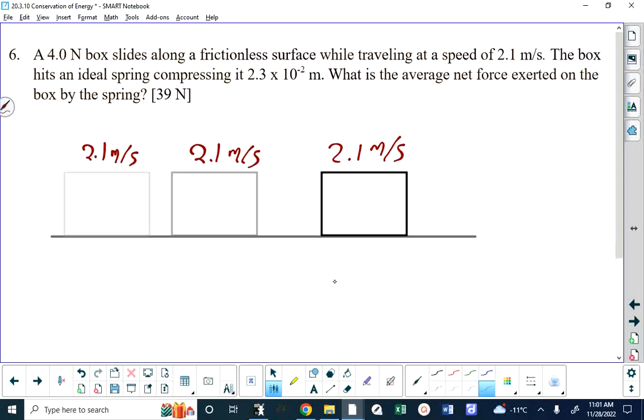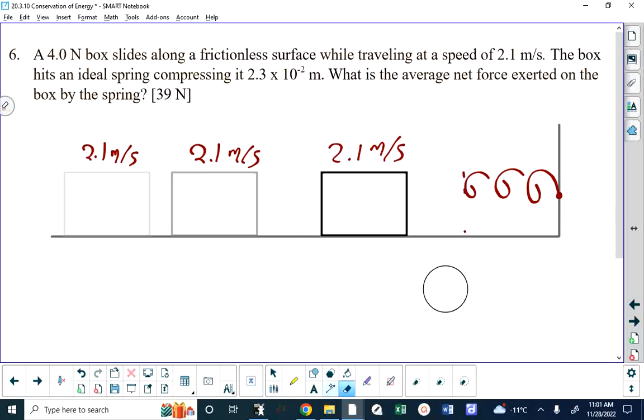But what's going to happen is it's now going to bump into a spring. So the spring is anchored to this wall, and it's attached to some plate which the box is going to connect with and compress the spring.